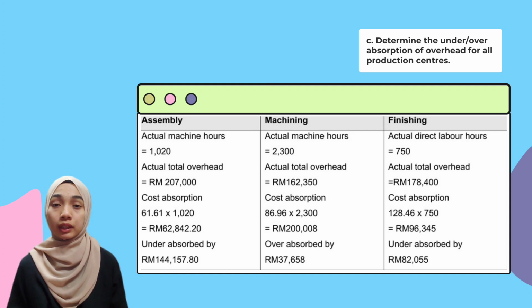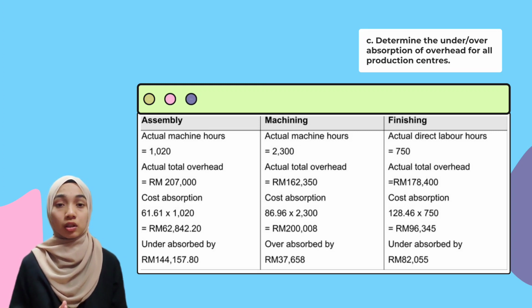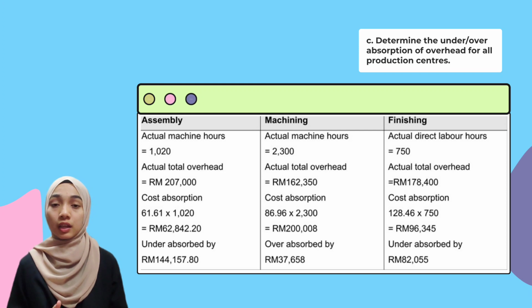When we compare with the actual total overhead that was given, RM162,350, we can conclude that the machining department is over absorbed by RM37,658.